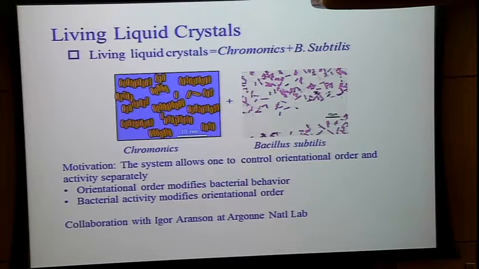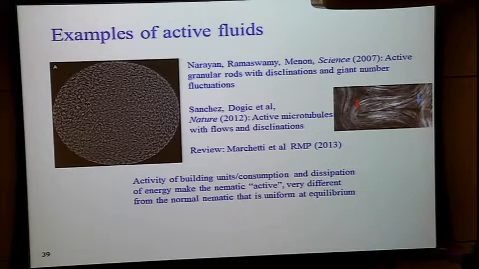So we wanted to separate the orientational order in the system from the level of activity. In the previous examples, like in this case of shaken rods, if I stop shaking, there will most probably be no orientational order. Here, if the cells or motors are dead, there will probably also be no nematic order.